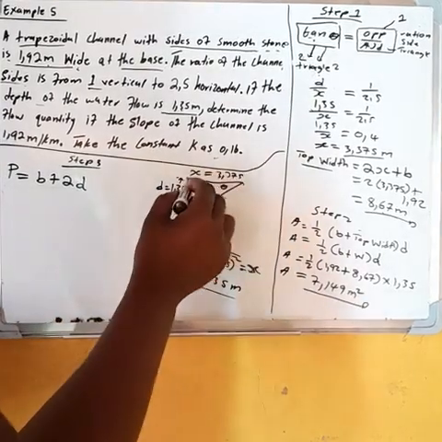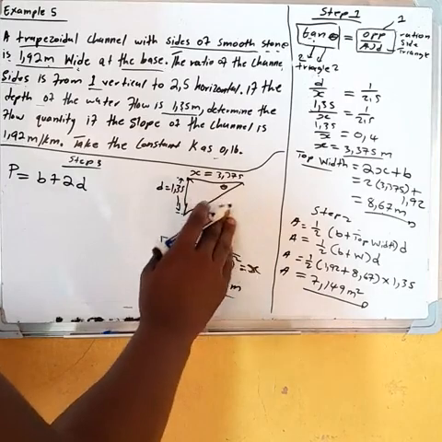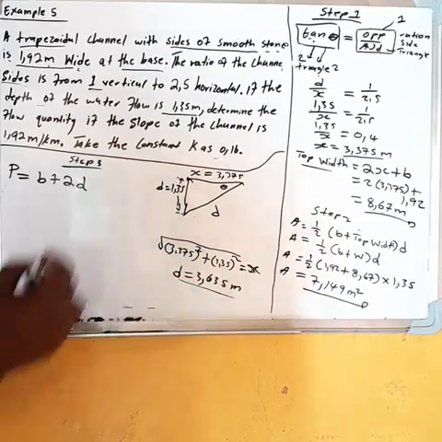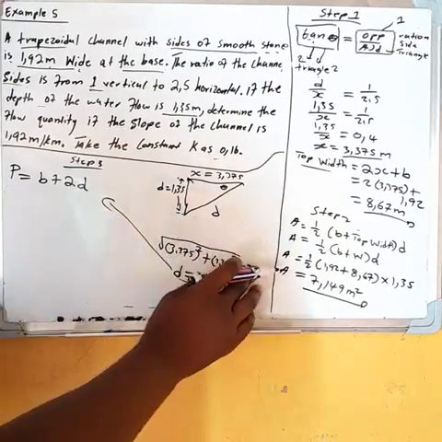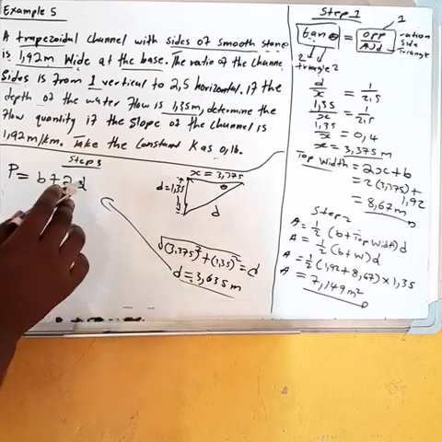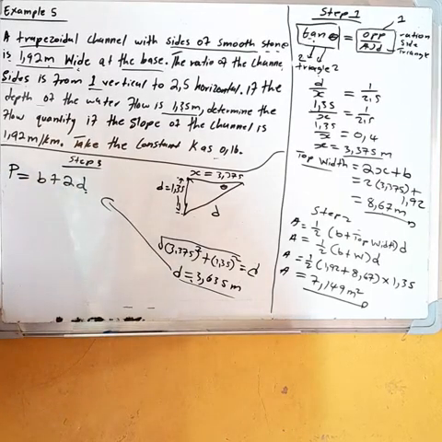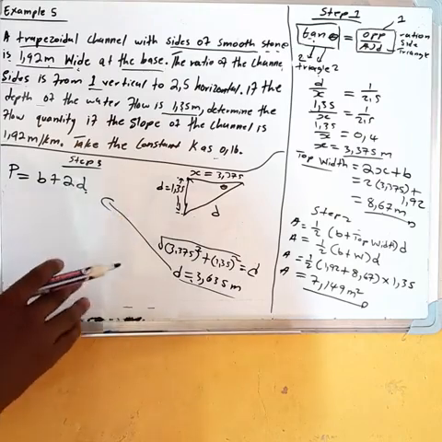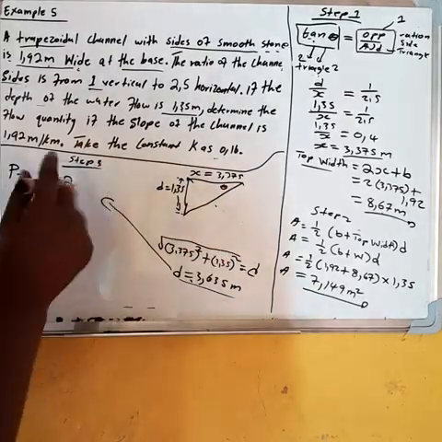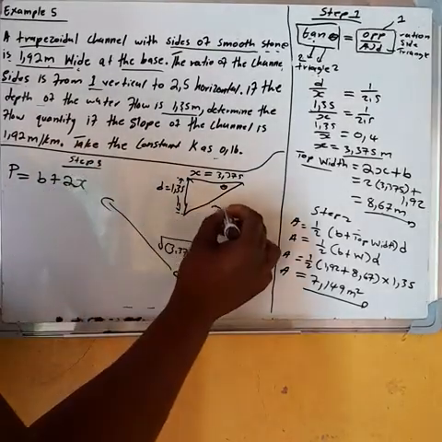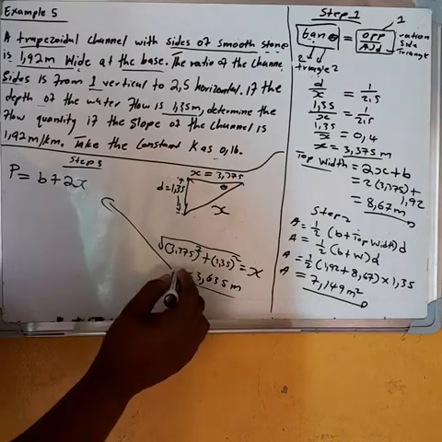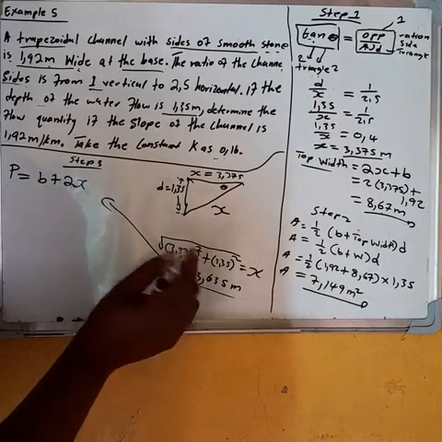This distance from here will also be equal to this slanted side. Then we substitute this here. For the sake of not confusing, let me change this formula here and make it x, to avoid confusion.